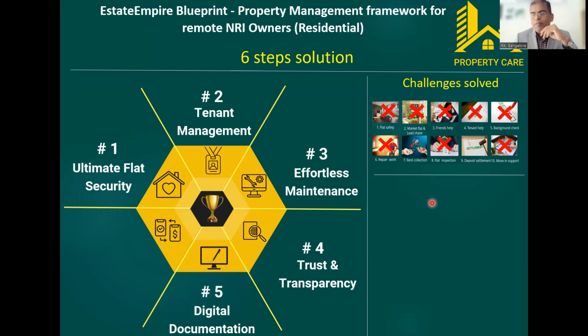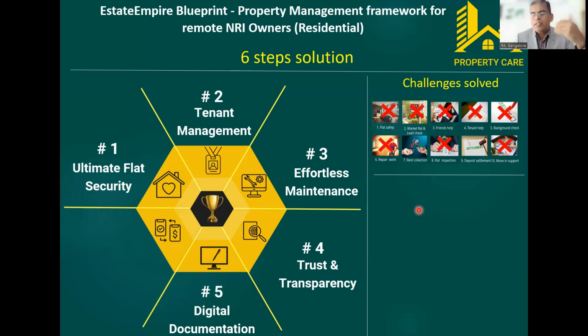Then the digital documentation. Here we don't need the owner to be present to sign the agreement, or any physical copy signing. The majority we do online, and for some, like government stamp paper, a printed signature is required.